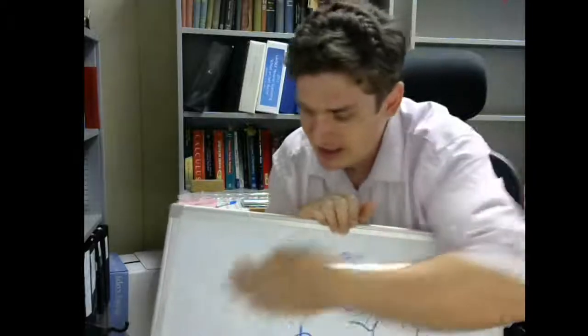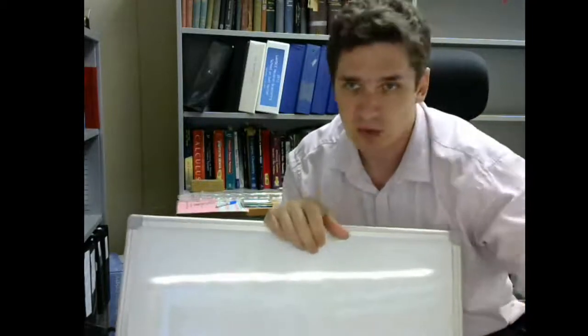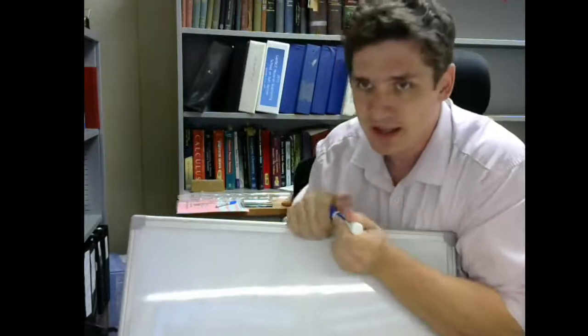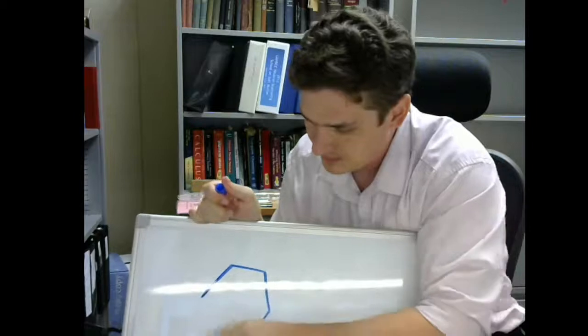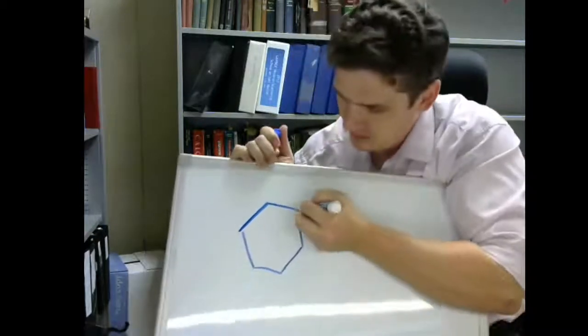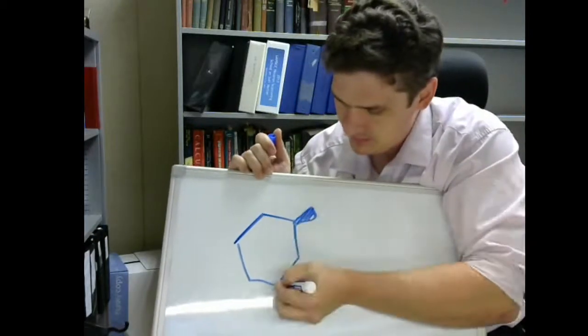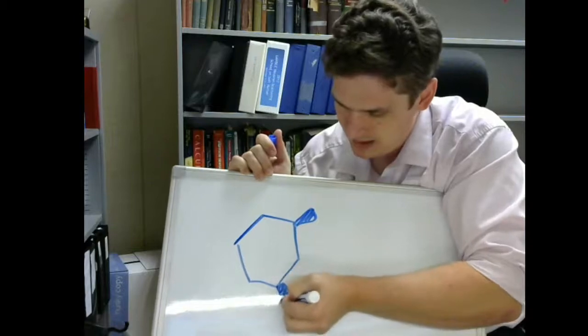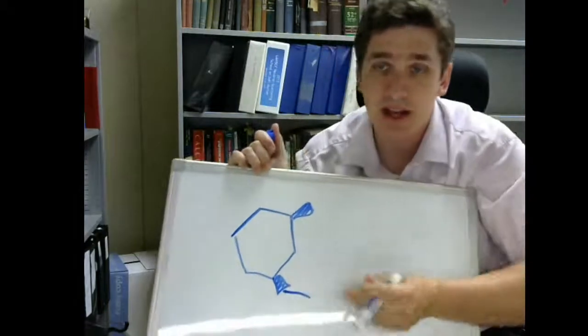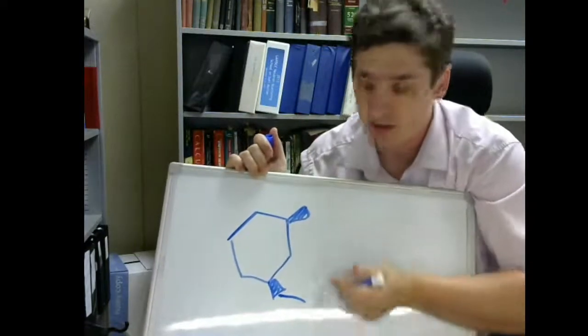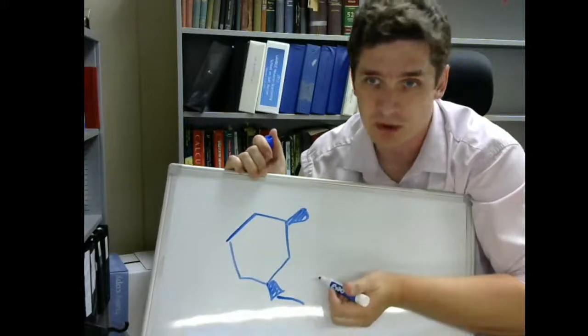Now, ideally, we could put every group equatorial. So if we had something like a 1,3 cis, in this case, they're both axial or both equatorial.